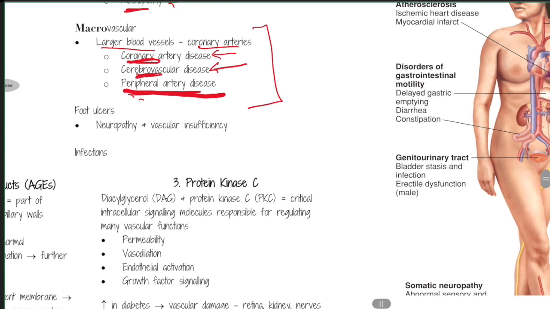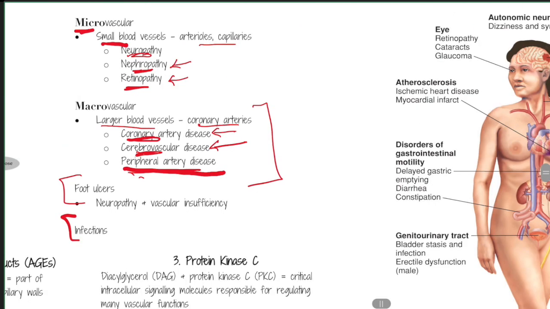And then on top of that, we have these other two little complications, which aren't that little: foot ulcers and infections. The reason foot ulcers aren't in one of these categories is because they have both. The neuropathy happens because of the effect on small blood vessels, the little capillaries that are bringing blood to the neurons.